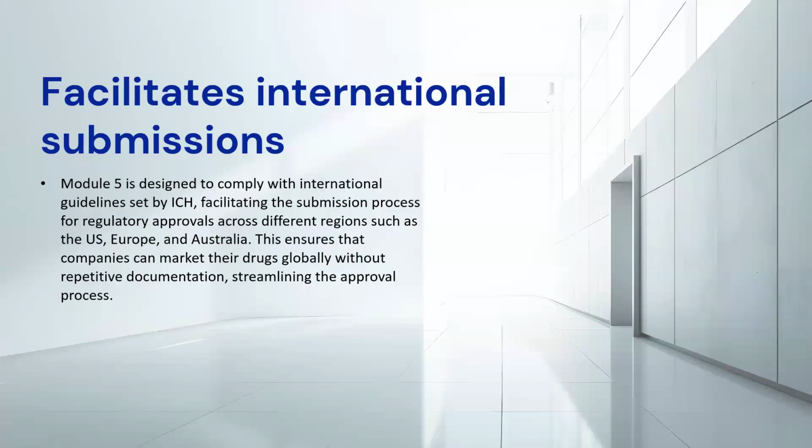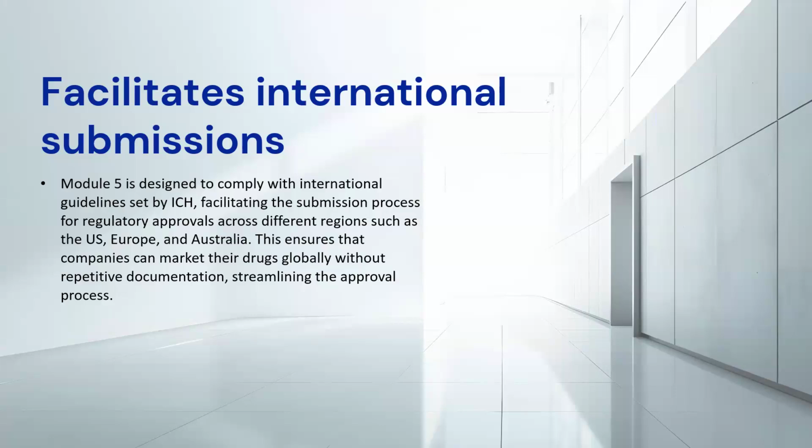And then it also facilitates international submission. So Module 5 is designed to comply with international guidelines set by ICH, facilitating the submission process for regulatory approval across different regions such as US, Europe, Australia. You all know that if a drug gets approval in one of the stringent markets, then it gets approval in the RoW markets easily.